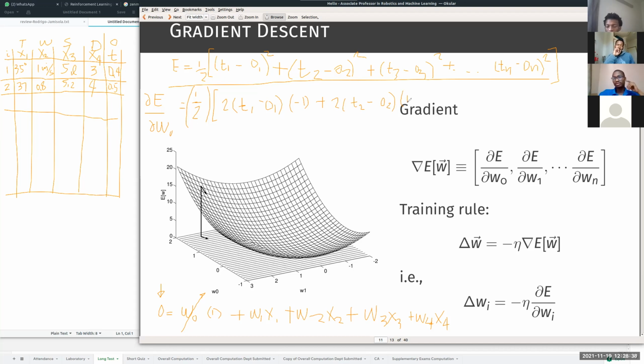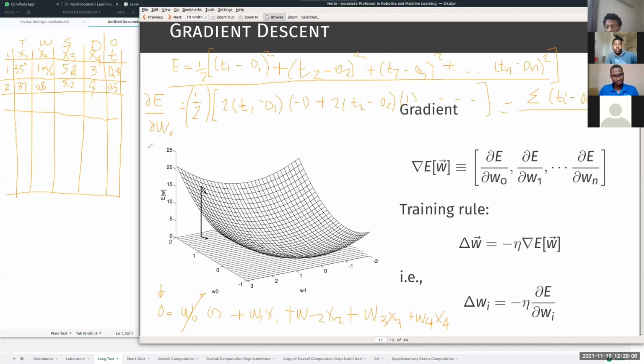It's a 1, and so on. So this one will be just 1. So remove the 2, and it will be just the summation of T_i minus O_i, times 1. That's the gradient, the first part of the gradient, the partial of E with respect to W0.